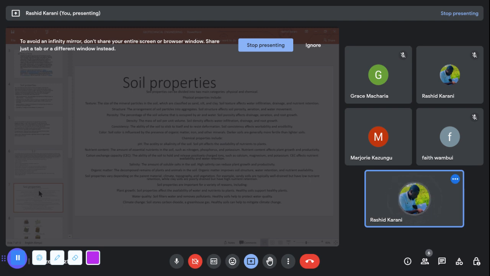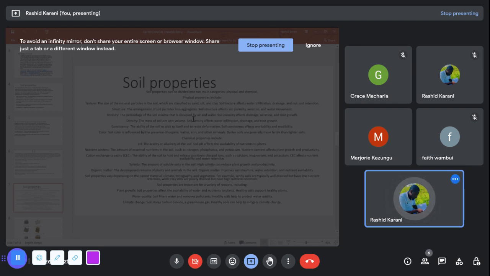Yeah, that's correct. We look at the texture, the physical properties, something that we can see or touch. They include the texture, as you have said, and the structure, which is the alignment of the soil particles. We have the porosity, which is the percentage volume that is occupied by air and water, density, constituents, and also color.